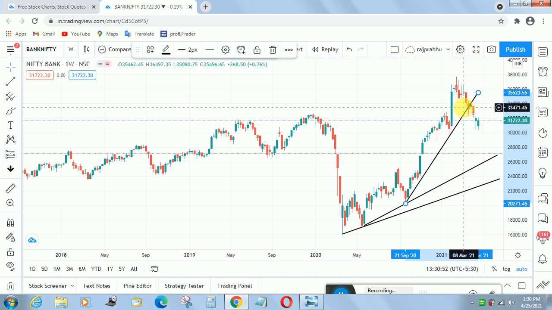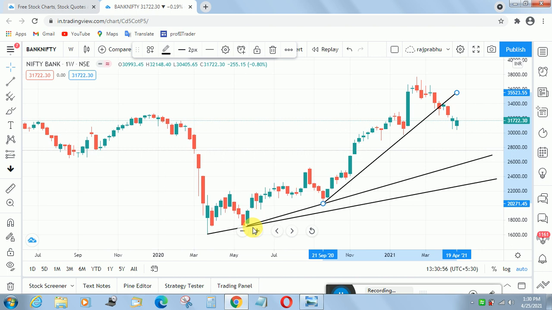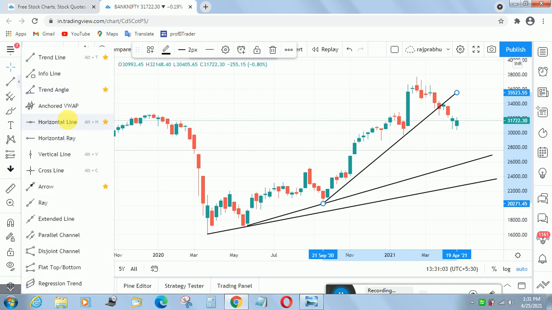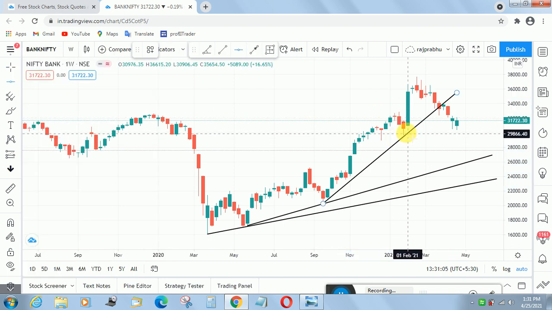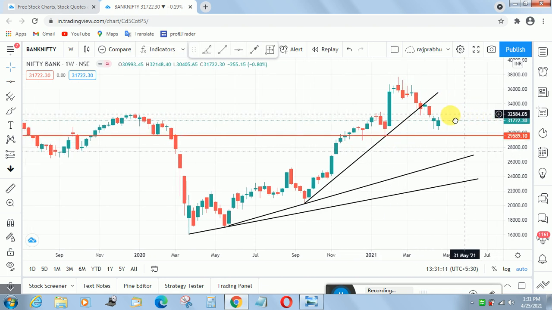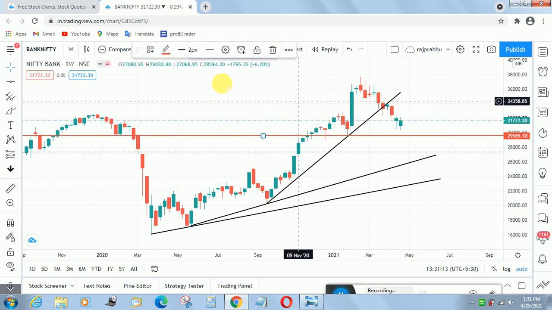See here, another breakout has happened. The price has a high chance to touch this level because the buyers will start buying from this level. So I'm going to set this as a support.